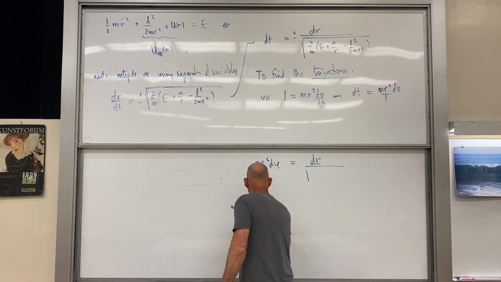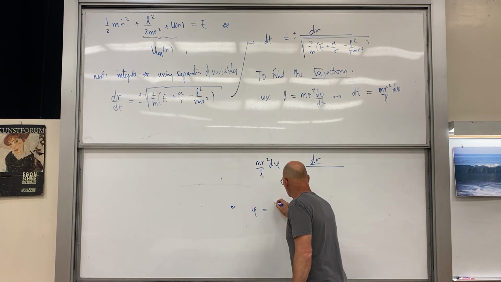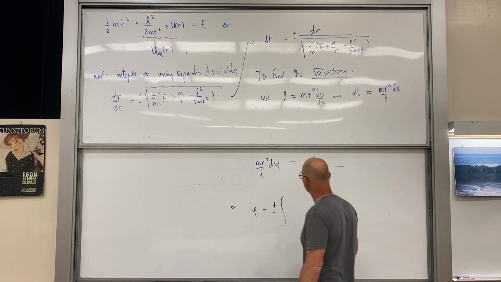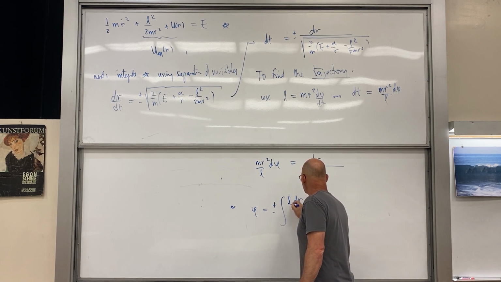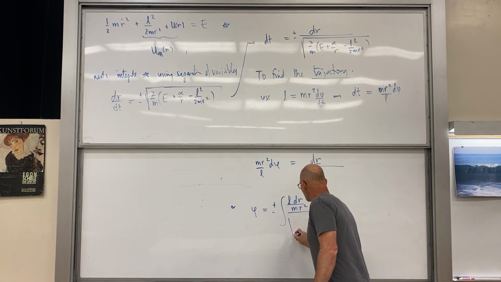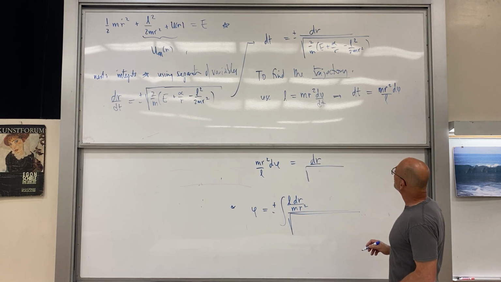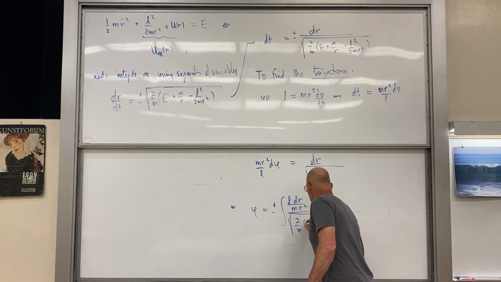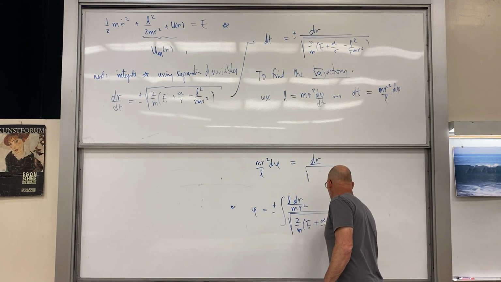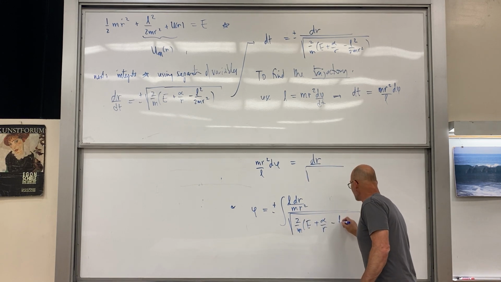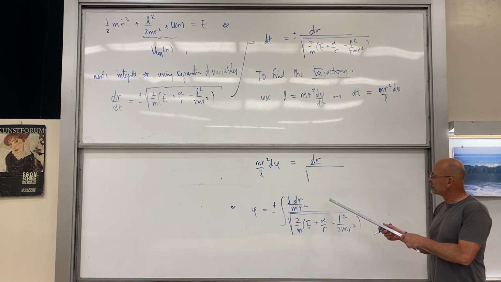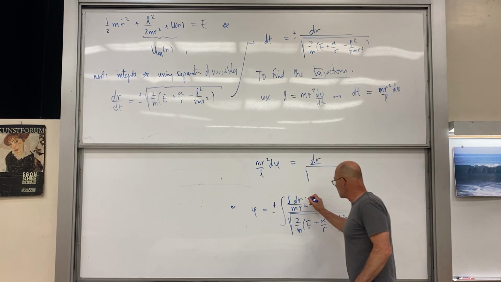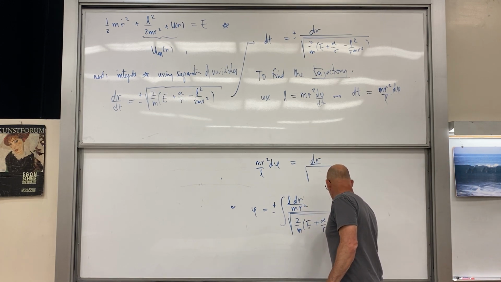Or phi is equal to a constant plus or minus the integral of L dr over m r squared divided by the root of 2 over m times E plus alpha over r minus L squared over 2m r squared. Okay. So we have to do this integration now, and these are all primed for what it's worth.